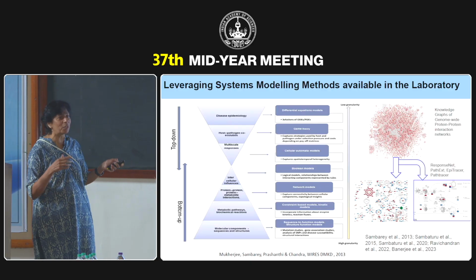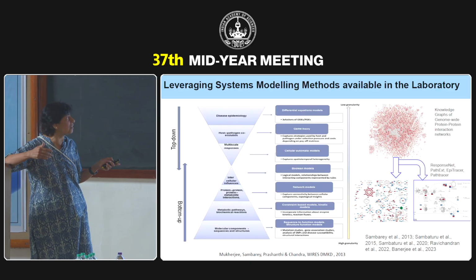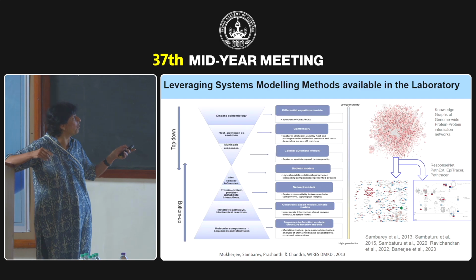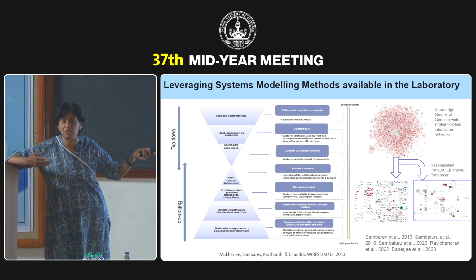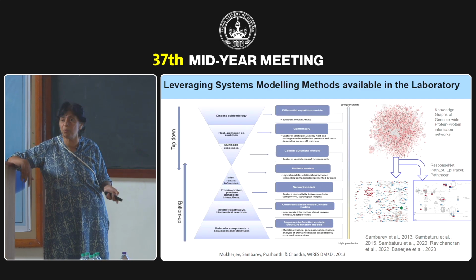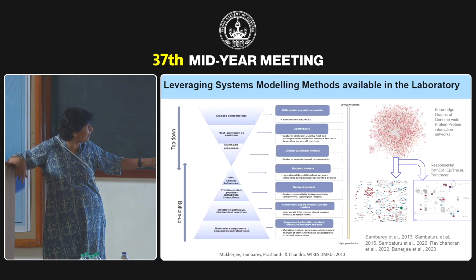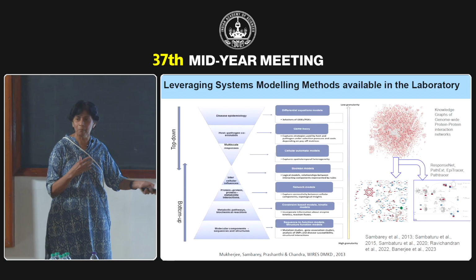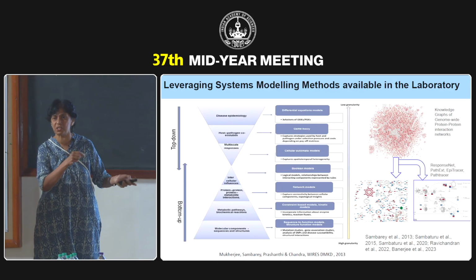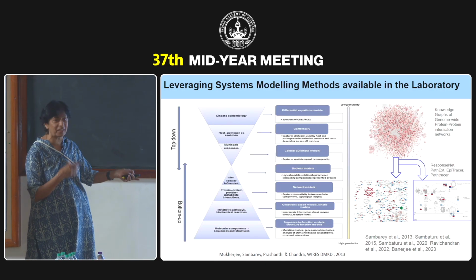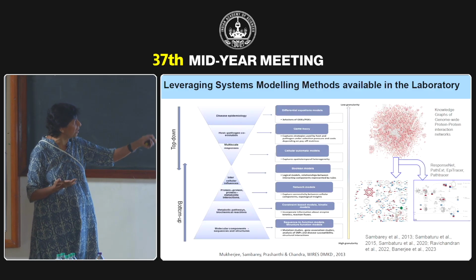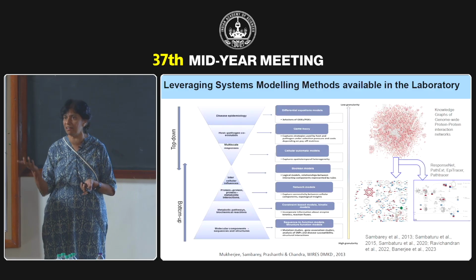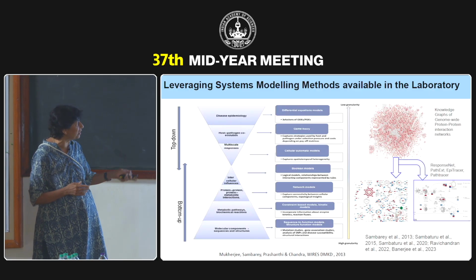Now, we wanted to leverage systems modeling to ask these questions, which were so complex. We were able to do that because we had systems modeling methods in the laboratory at different levels in the biological hierarchy. I won't dwell on them, but for each purpose, for each sub-question, we have a modeling type that is available. Many of them are available publicly, and a large number of people in the world have worked on these.